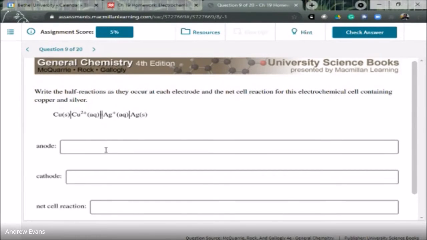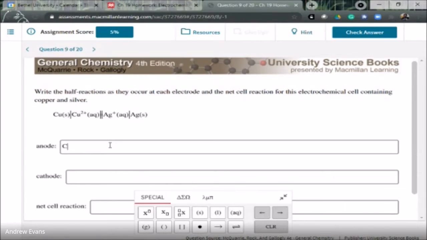So just looking at this, copper arrow copper 2+ plus 2e minus. That's essentially all you'd have to do.